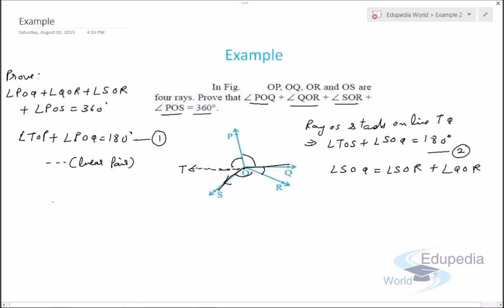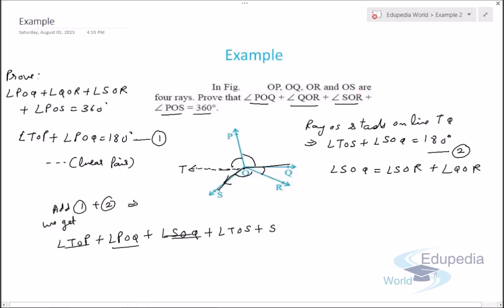Next we can add 1 and 2. Let's see what we get. Angle TOP plus angle POQ plus angle TOS plus angle SOQ is equal to 180 plus 180.